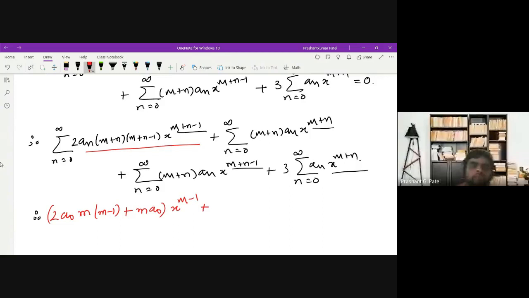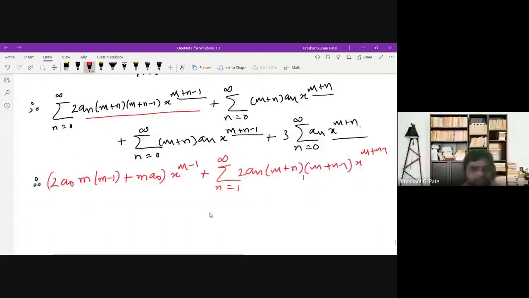Now the summation starts with n equal to 1, m plus n, m plus n minus 1, x raised to m plus n minus 1.